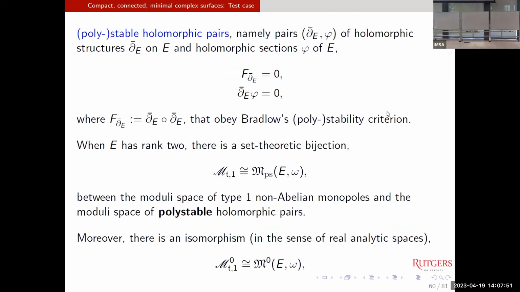I won't give you the definition of stable or polystable, but they turn out to be what Bradlow called polystable holomorphic pairs. So the pairs satisfy these equations plus Bradlow's: the connection on the Hermitian bundle E has to be holomorphic, and the section has to be holomorphic.